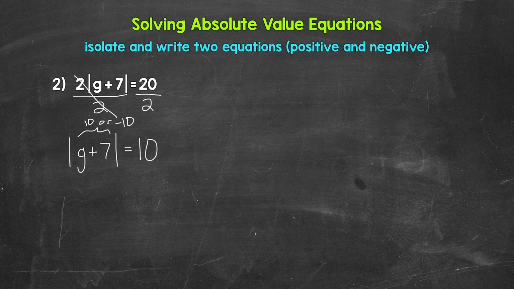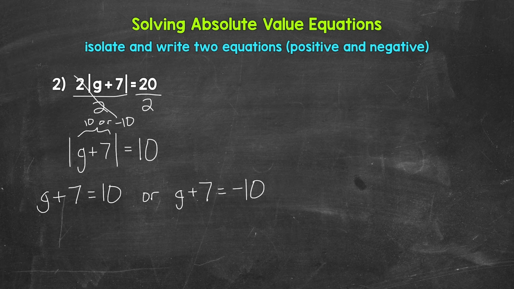So we need to write two equations. We have g plus 7 equals 10 or g plus 7 equals negative 10. Now we need to solve those to get our solutions.